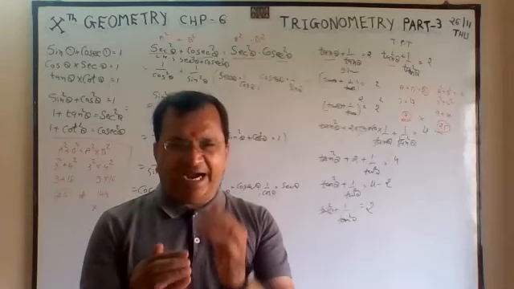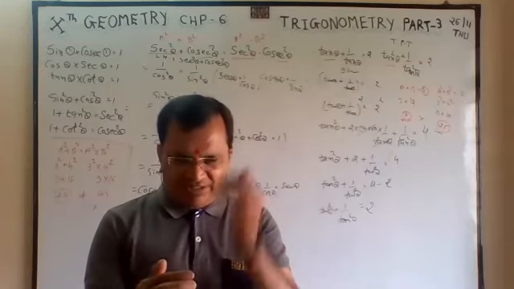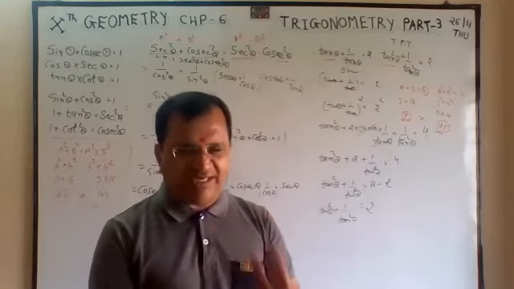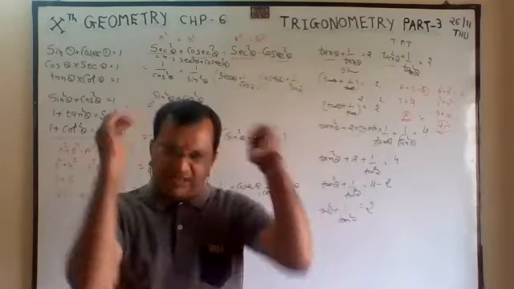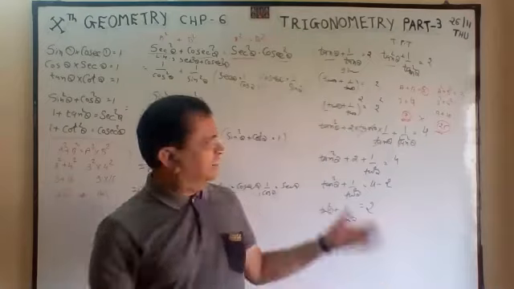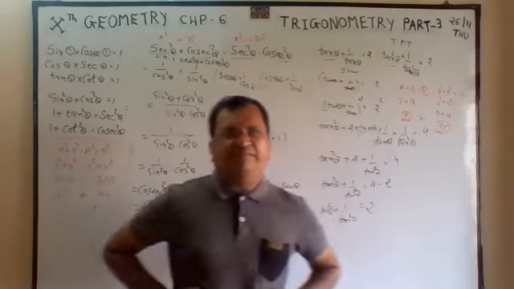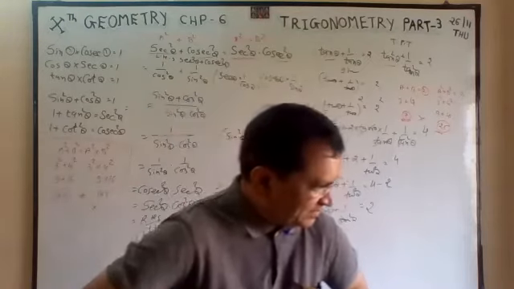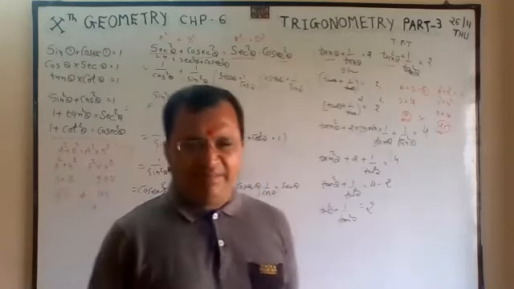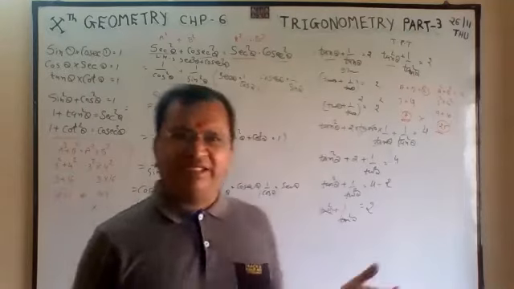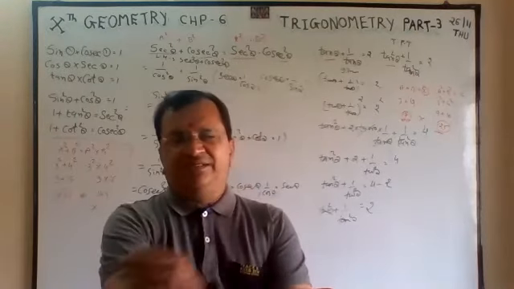And in the beginning, I told you, if you can answer, you know something related to trigo. If you can't answer, you don't know anything about trigo. The effort of these 3 lectures has gone to waste. Sir, because of those values. But here possible, here not possible. In the same equation, I have substituted something.